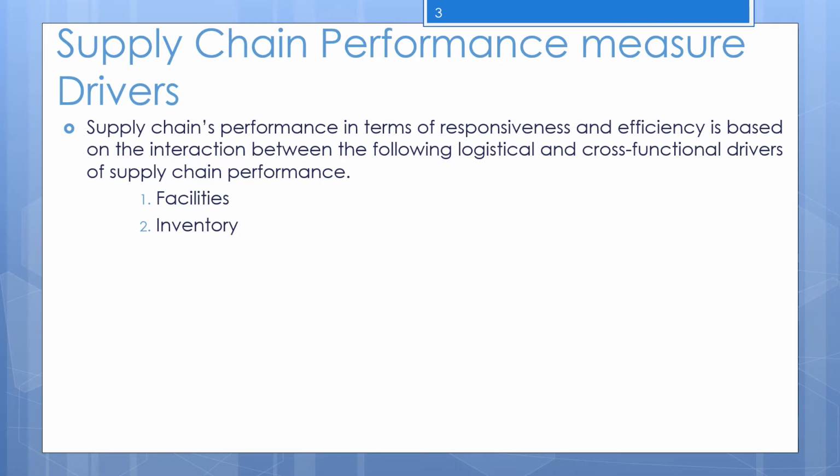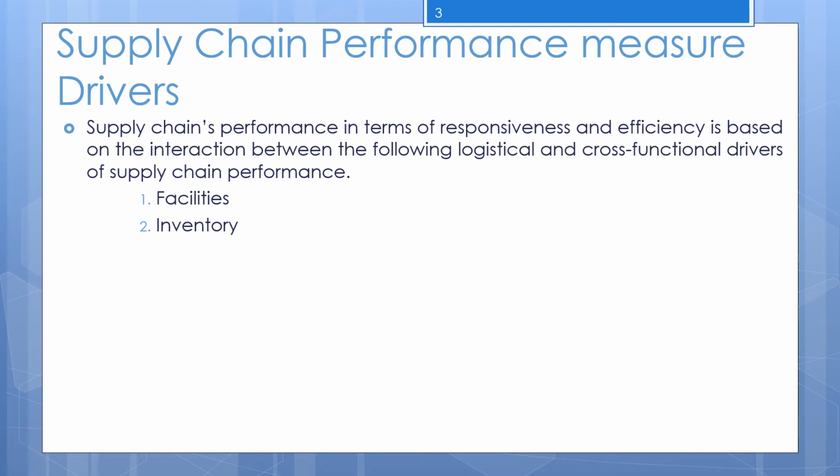If you look at the role of facilities in competitive strategy, then facilities are the key driver of supply chain performance in terms of responsiveness and efficiency, that what we have discussed just now.